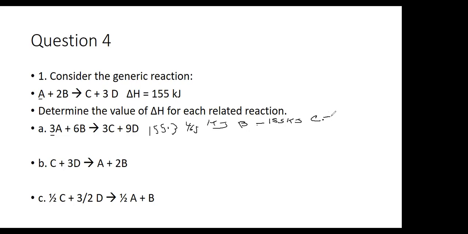And we also reduce the delta H value by 1/2, which means C is negative 77.5 kilojoules. So any questions about how delta H changes when we change a chemical reaction?